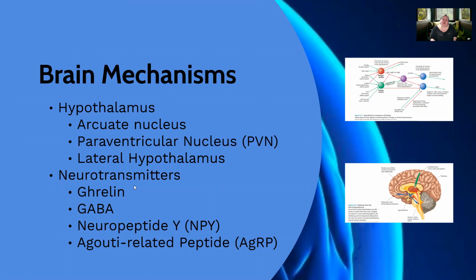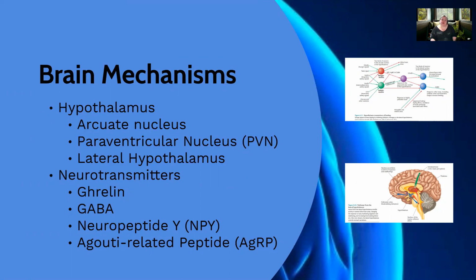And then we've got these different neurotransmitters that also play a role here. So the arcuate nucleus of the hypothalamus has one set of neurons sensitive to hunger signals and a second set that signals when someone is satiated. So this is telling us when we're hungry, but also when we're satiated and we don't need more.